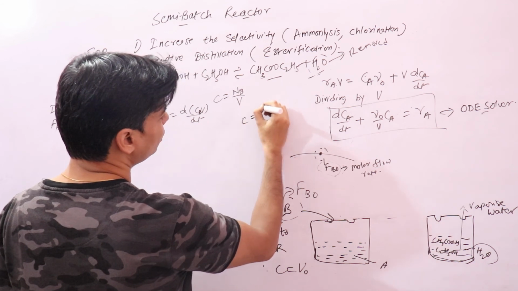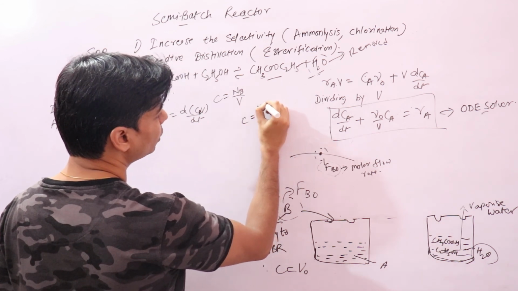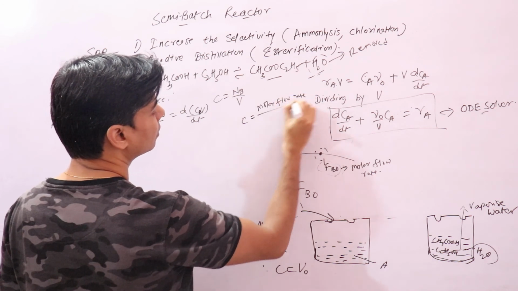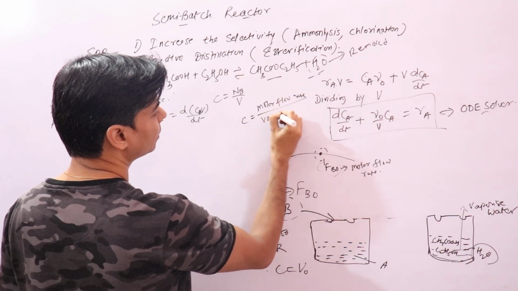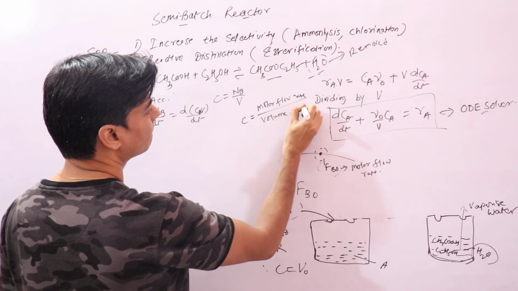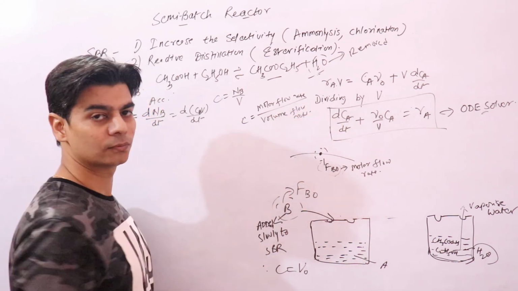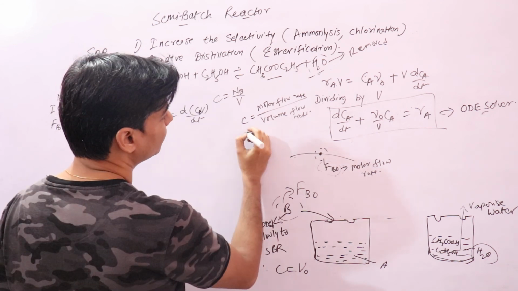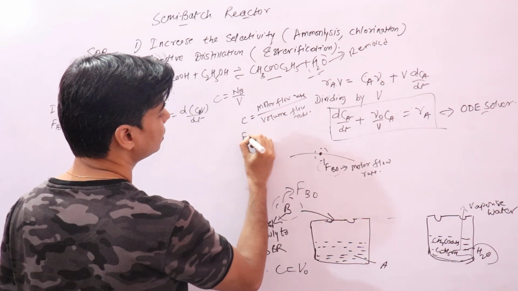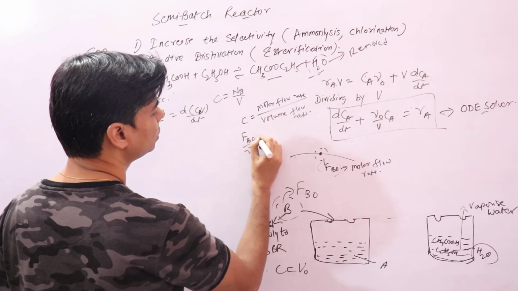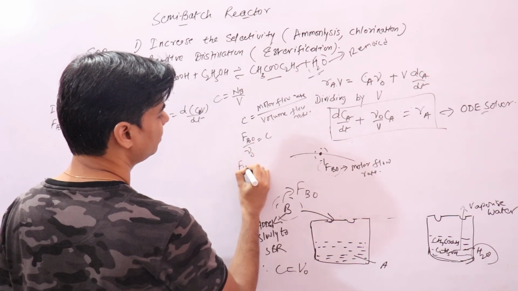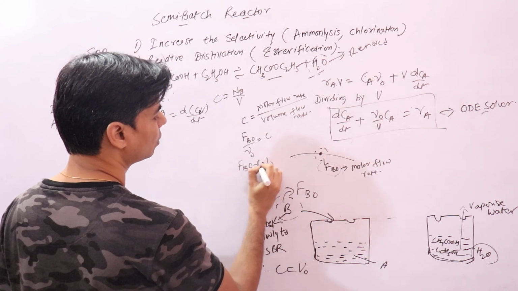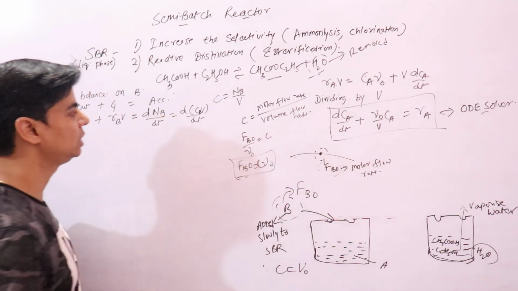So concentration would be equal to molar flow rate upon volumetric flow rate, for systems that are in motion, that is, systems that are flowing. So FB0 upon nu 0 is equal to C, so FB0 would be equal to C nu 0.